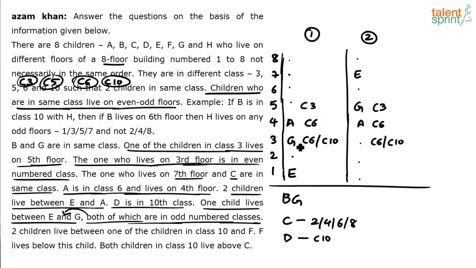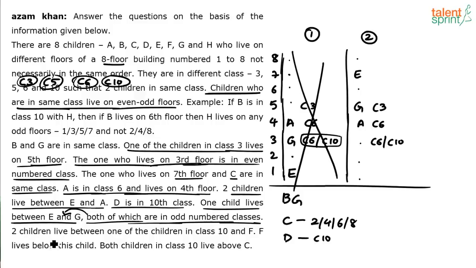In case 1, we have got G in an even numbered class, C6 and C10. Can G be an even numbered class? No. One child lives between E and G, both of which are in odd numbered classes. So case 1 is wrong. Hence, case 2 has to be carried forward and we fix the gaps. So case 1 is eliminated. All the elimination is done.